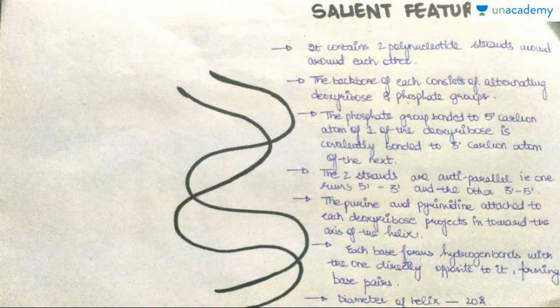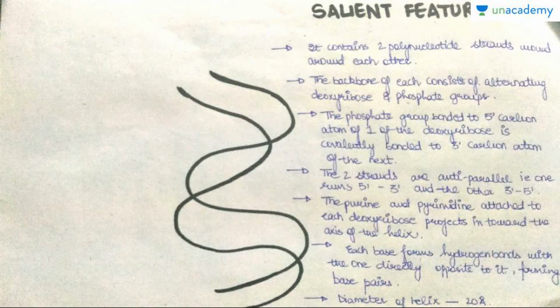Now each base forms a hydrogen bond with the one directly opposite to it, forming base pairs. Adenine and thymine will form double bonds, giving rise to an adenine-thymine base pair.